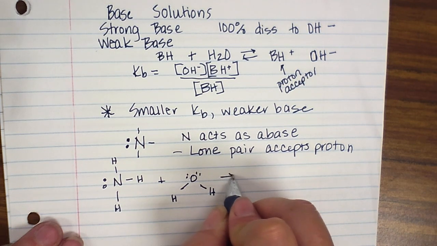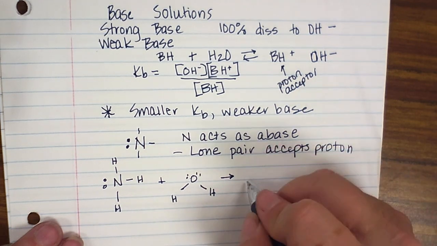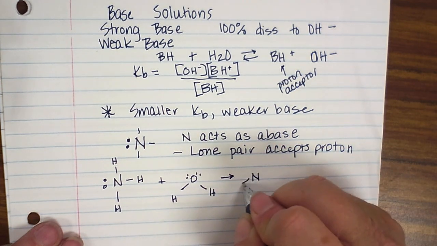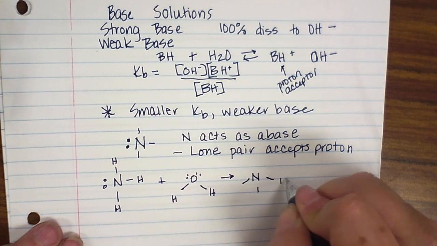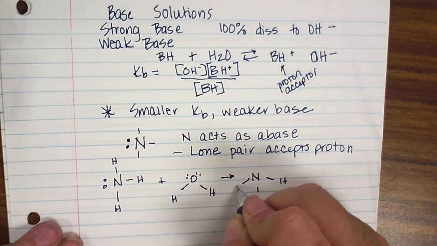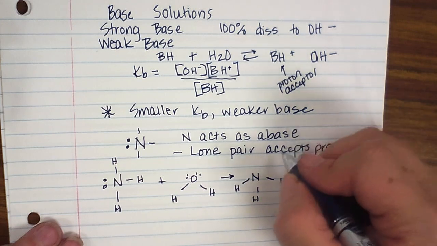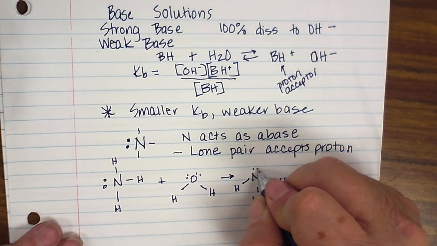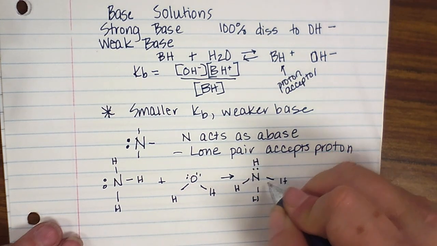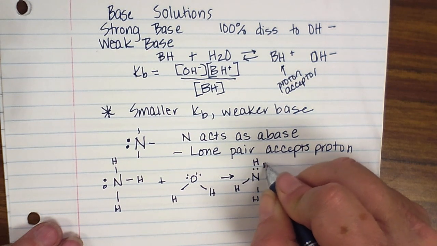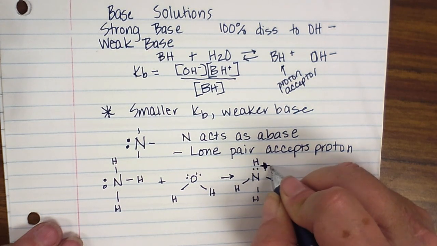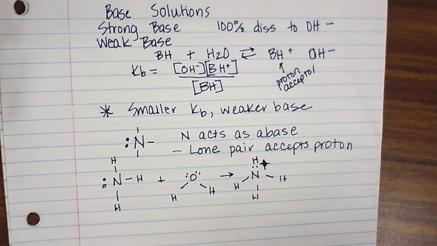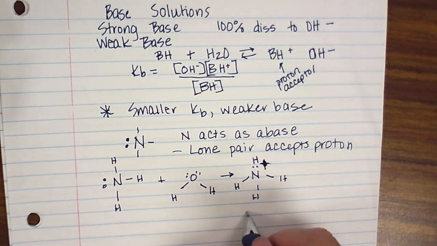And so what happens is the ammonia takes on the proton, which now has a plus sign because it has that extra proton. And that's how it becomes NH4 plus.